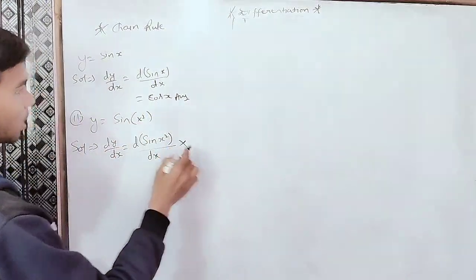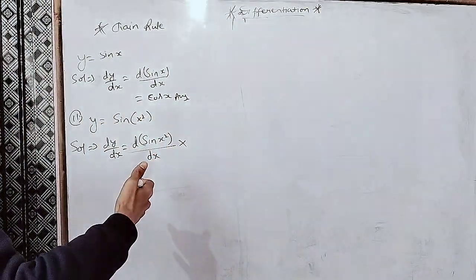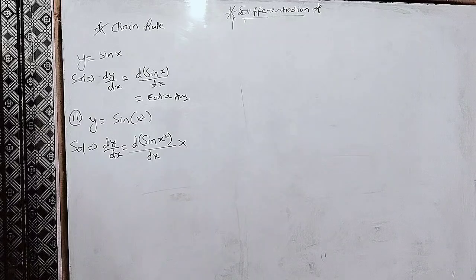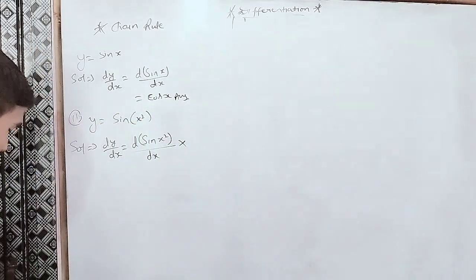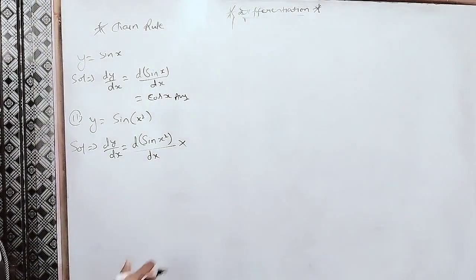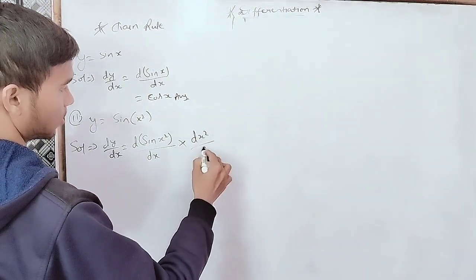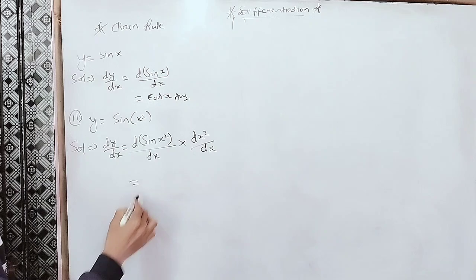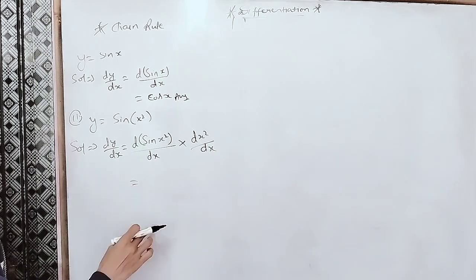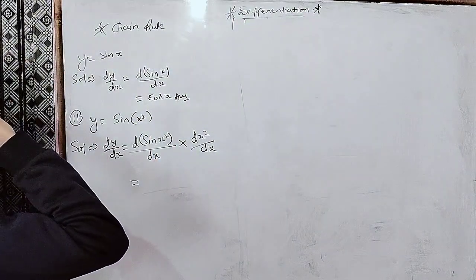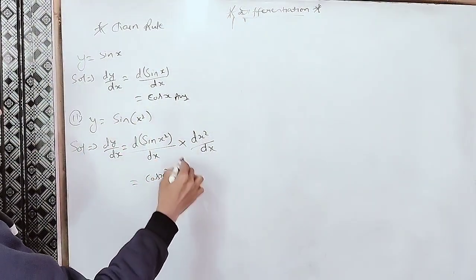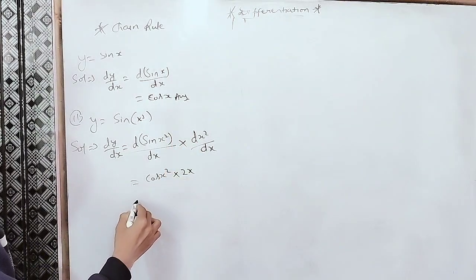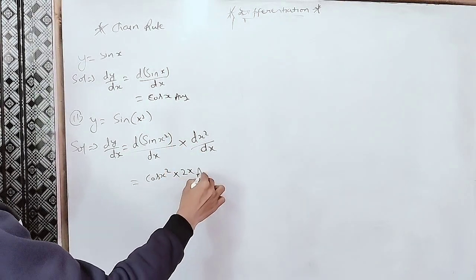Then we take only x square, a separate function, because we are in chain rule. d of x square by dx. Derivative of sin x is cos x, then derivative of x square is 2x. That's it.